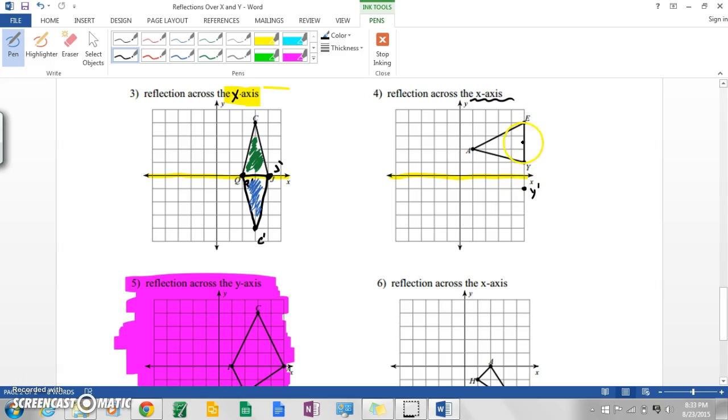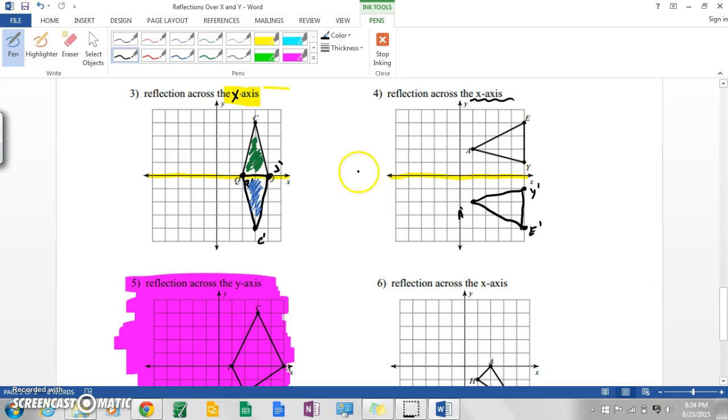I'll do the same thing with e. 1, 2, 3, 4. 1, 2, 3, 4. Also, you can think of it just as a mirror image of what happened up here. Then A, I'm going to count 1, 2, it's 2 units away, 2 units away, be A prime, connect all my points.